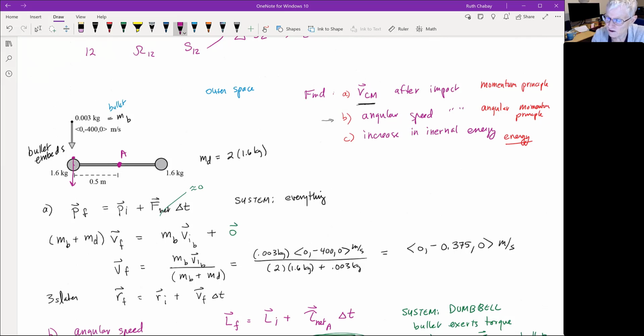right as it contacts the dumbbell, and then we have an r sub A here that's pretty much just in the x direction.